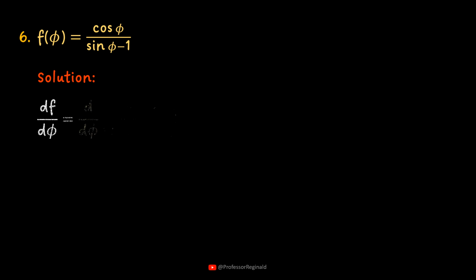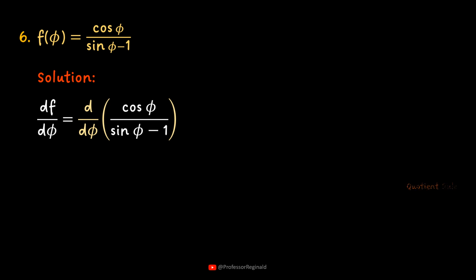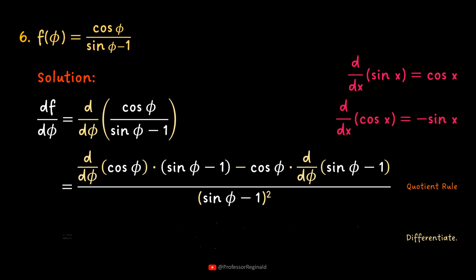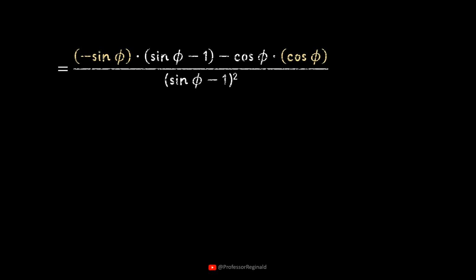Number 6. F of phi equals the cosine of phi all over the sine of phi minus 1. Solution. df d phi is the derivative of f with respect to phi. Apply the quotient rule, and differentiate using a trigonometric function rule. Simplify the derivative.